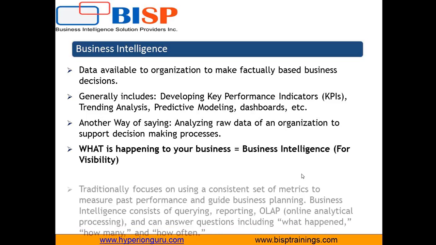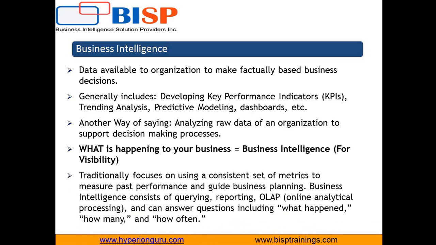So it traditionally focuses on using a consistent set of metrics to measure past performance and guide business planning. Business intelligence consists of querying, reporting, OLAP, online analytical processing, and can answer questions including what happened, how many, and how often. So traditionally business intelligence uses metrics.